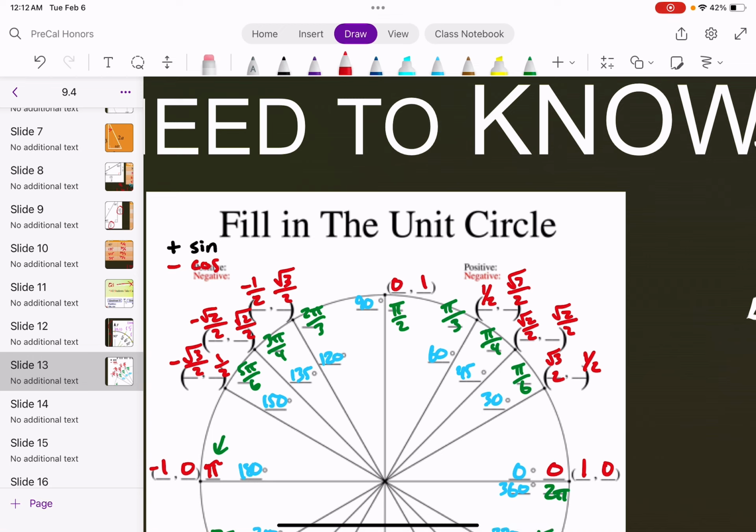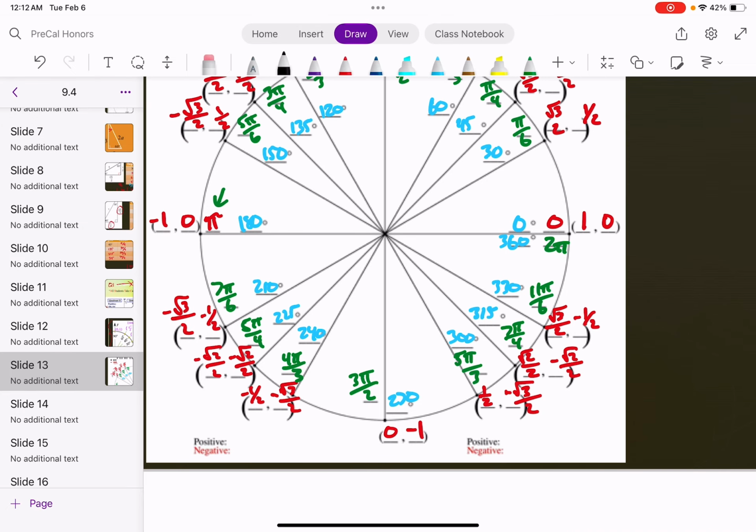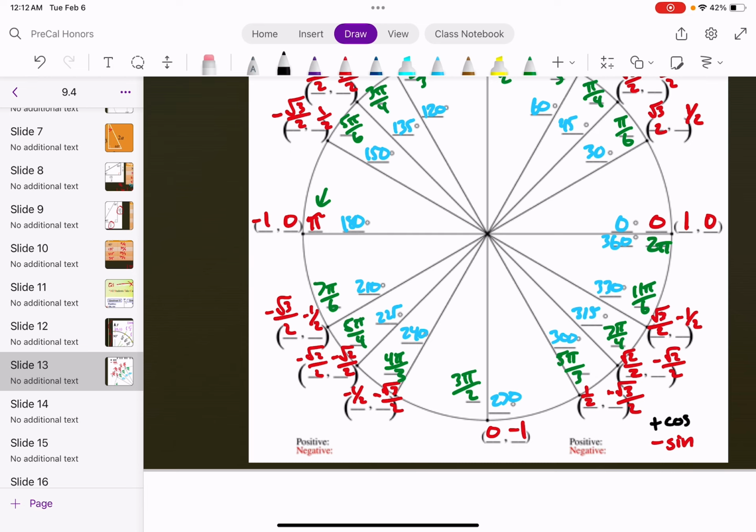On the right-hand side, we're going to end up with a positive cosine and positive sine. As we drop down, we're going to end up with a positive cosine, but a negative sine. And in the left-hand corner, or in our third quadrant, we would end up with a negative cosine and a negative sine.